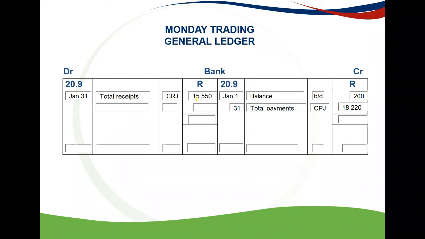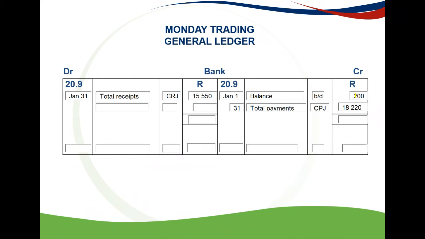Now, on my debit side, I have 15,550. On my credit side, I have 18,220 plus the 200. So I can see my credit is going to be bigger than my debit. So what I have on my credit side will be my total for my account. Then I will have to balance the side which is the smaller amount.